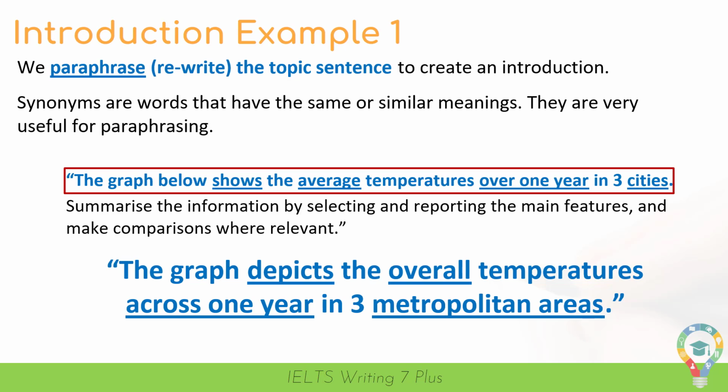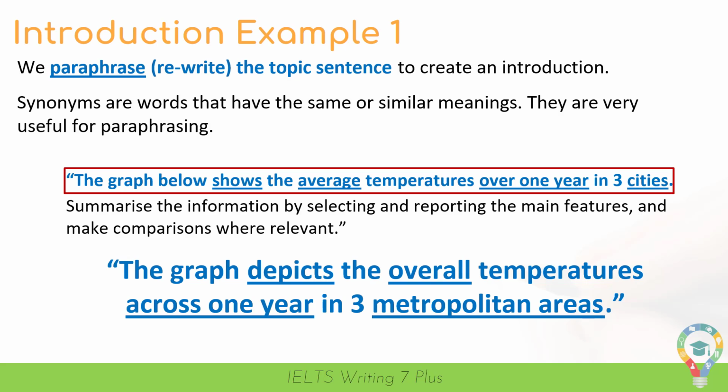Instead of shows, I have used the piece of vocabulary depicts, and you can always do this too. Instead of averaged, I've used something similar but not quite the same, overall. Instead of over 1 year, I've used across 1 year. And instead of cities, quite simply, I've rewritten this into metropolitan areas.